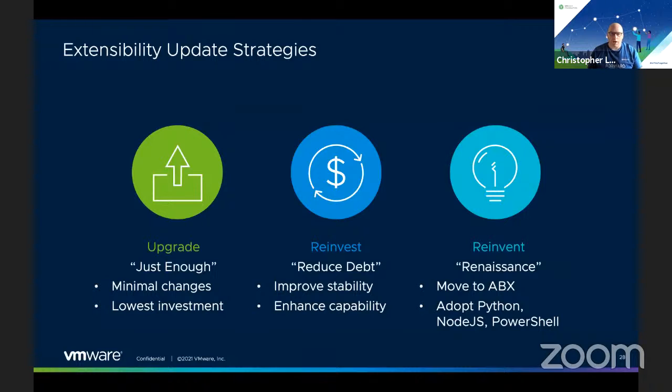All that REST API stuff I might be doing in JavaScript, I haven't got the skills anymore, but I've got someone in Python or PowerShell, and I can start to use their skills instead. And so you can reduce that technical debt by changing the workflows, or maybe even moving to ABX or SaltStack to do some of the work that I'm doing already.